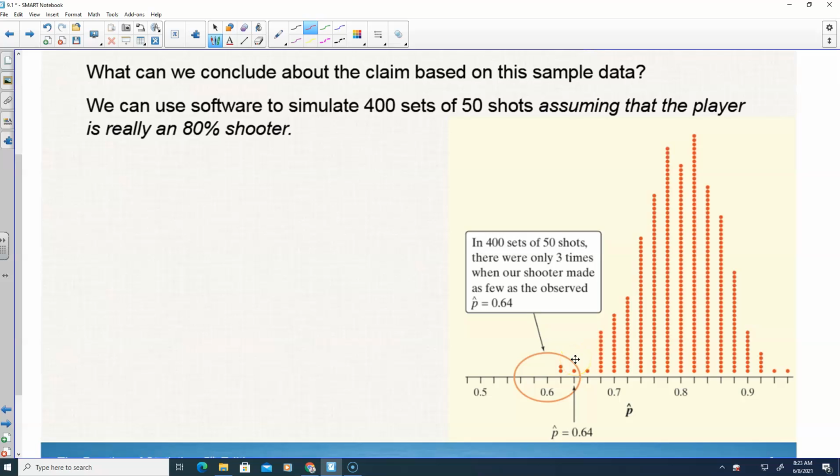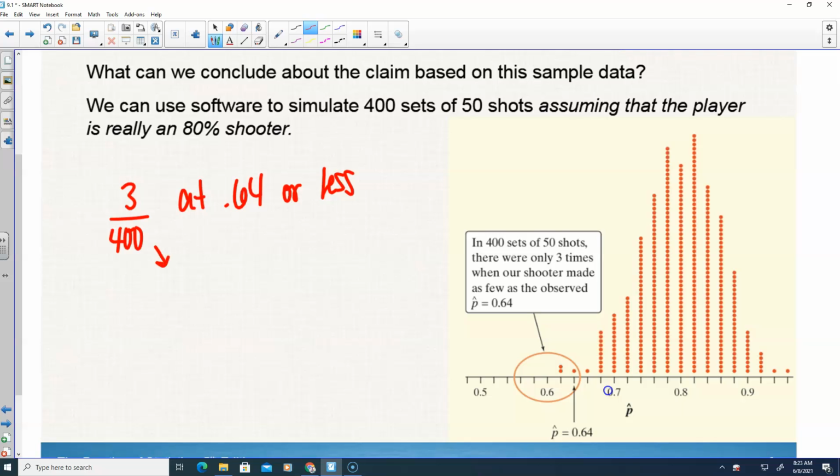There are not very many down there. Out of the 400, there are 3 that are down there. So 3 out of the 400 at 0.64 or less. And the 0.64 is what his shooting percentage was.